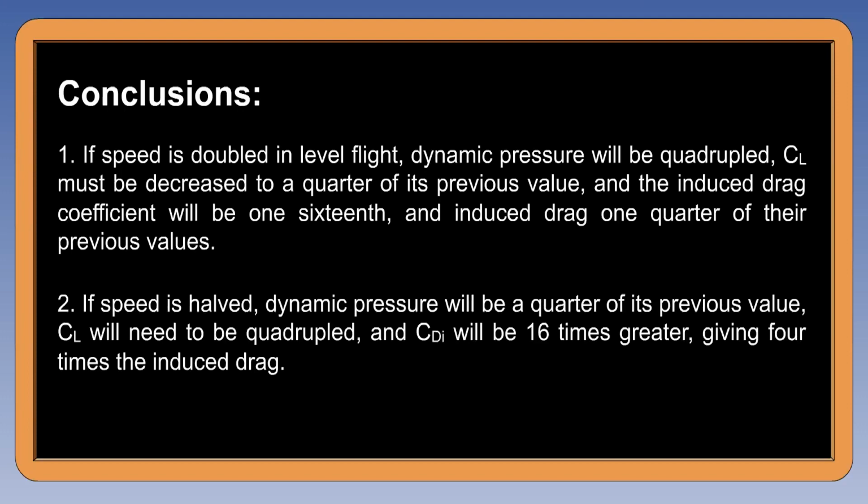If speed is halved, dynamic pressure will be 1/4 of its previous value, CL will need to be quadrupled, CDI will be 16 times greater, giving 4 times the induced drag.